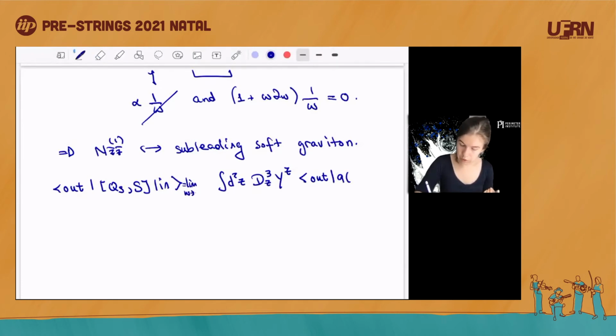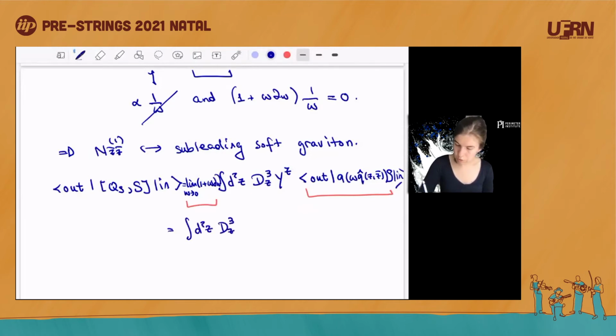The limit as omega goes to 0 of 1 plus omega d by d omega, a omega q hat of z, z bar, S in, right? But now this part is given by the subleading soft theorem. So this is the same as just the integral over the sphere of d z cubed y z s1, which is a function of q and pk.